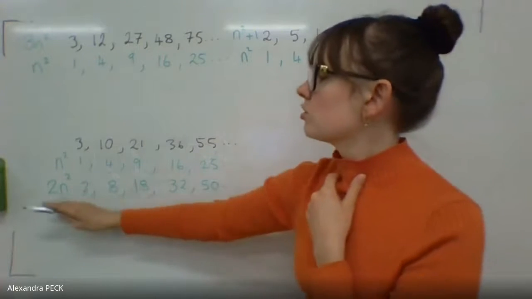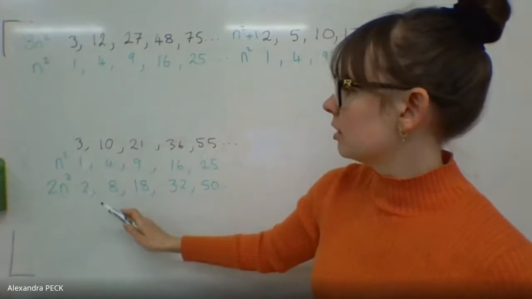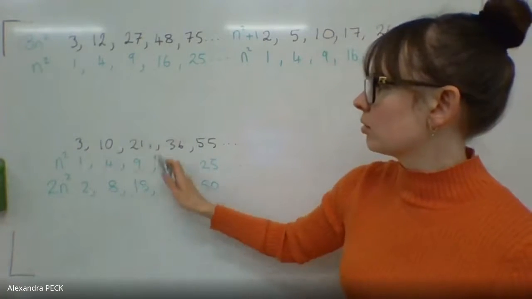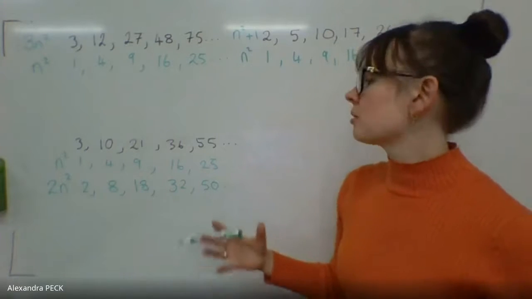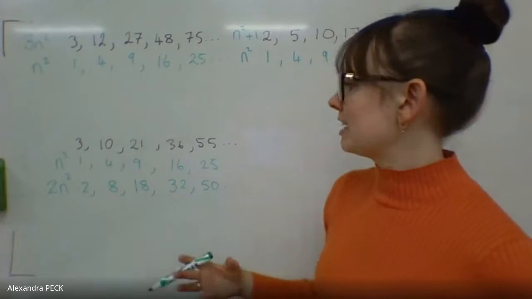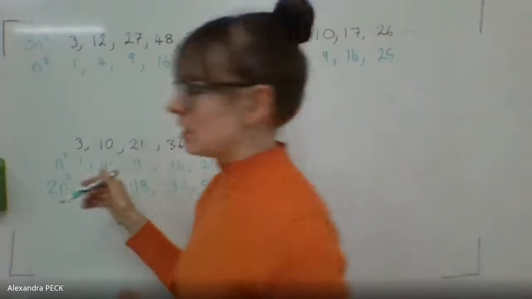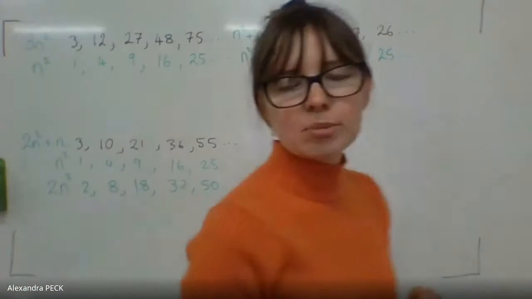Okay, so it's the 2n squared sequence, but we added on 1 to get the first term, and 2 to get the second term, and 3 to get the third term. Well, 1, 2, and 3, those are the positions in the sequence, right? And we represent the position by the letter n. So my original sequence must be the 2n squared plus n sequence.